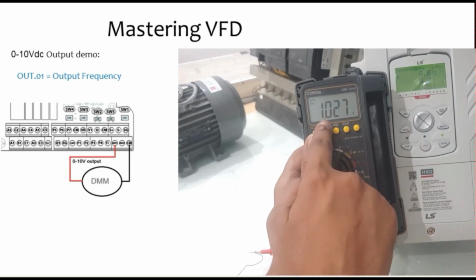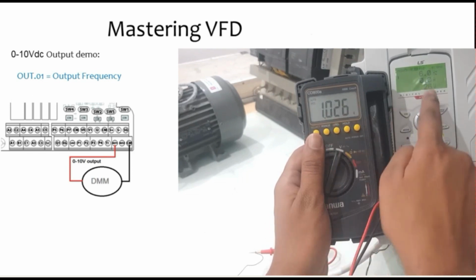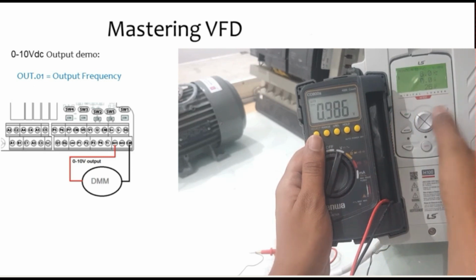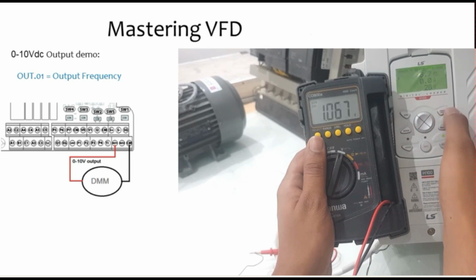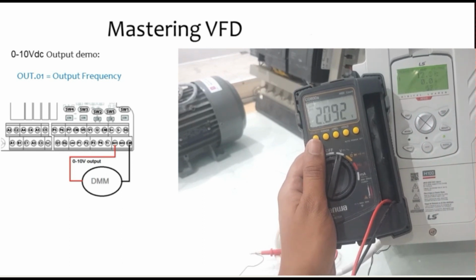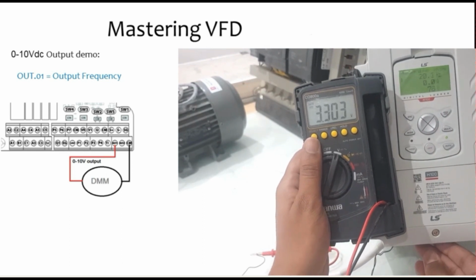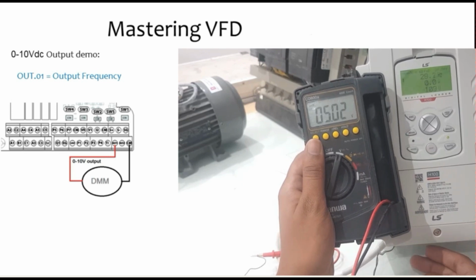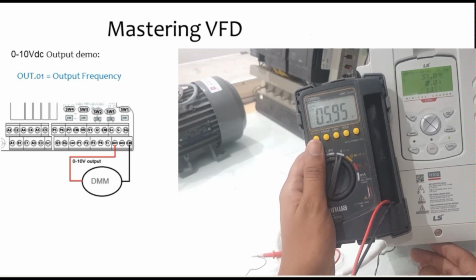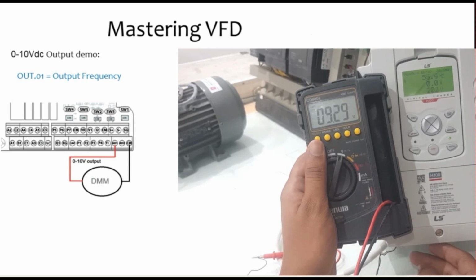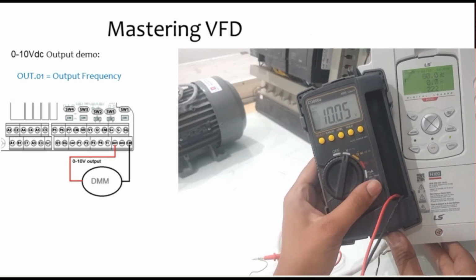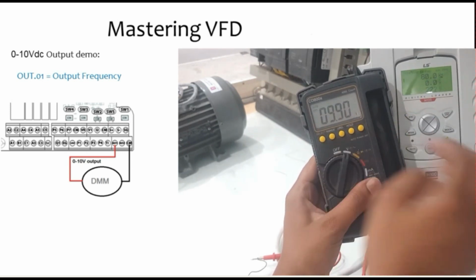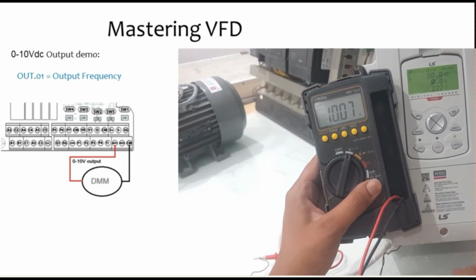So you can see here 1.02, and here it is 6 Hertz, and at full speed, which is 60, it should give me 10 volt. So here when I am getting full speed, I am getting 10 volts.